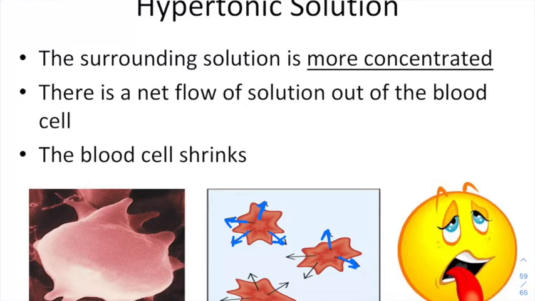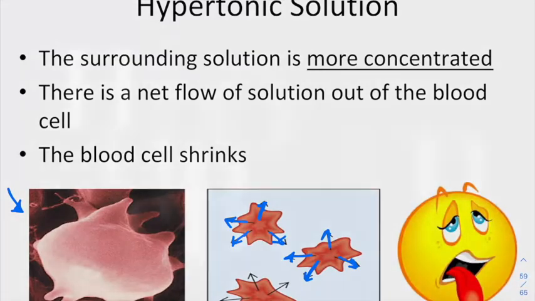So as you are dehydrating, your cells are donating their solution to the extracellular fluid. This is very drastic though. If you're just like, oh, I'm parched, your cells aren't this bad at that point. But what you see here on the left, this is an actual image of a red blood cell that has crenated, it has donated its solution.